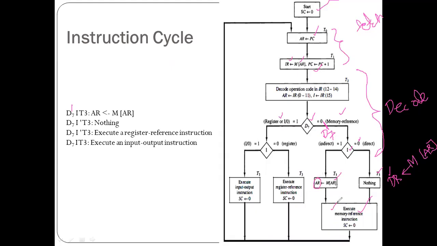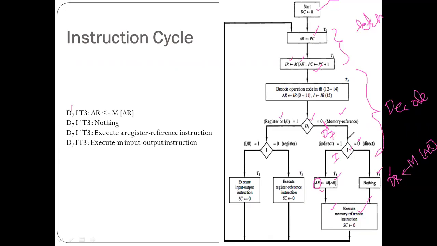After that, the execution is done. So this is the other memory reference type. D7'I, this I is capital I, and in the T3 state you need to perform this action: one memory access has to happen for your actual operand.